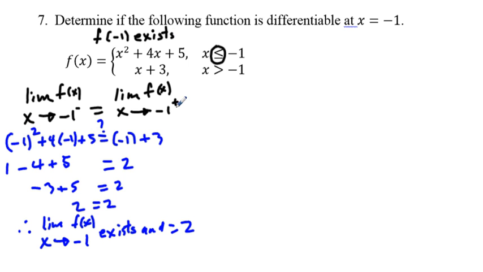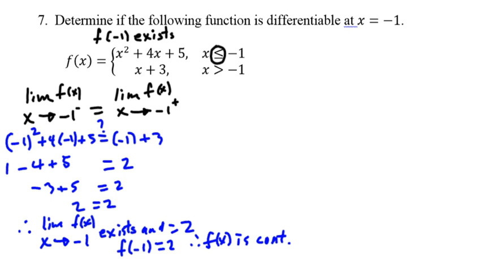And also we know that f of -1 exists and equals 2. f of -1 equals 2. And since these two are equal to each other, therefore, we'll say f of x is continuous. Okay, so we have the test for continuity.